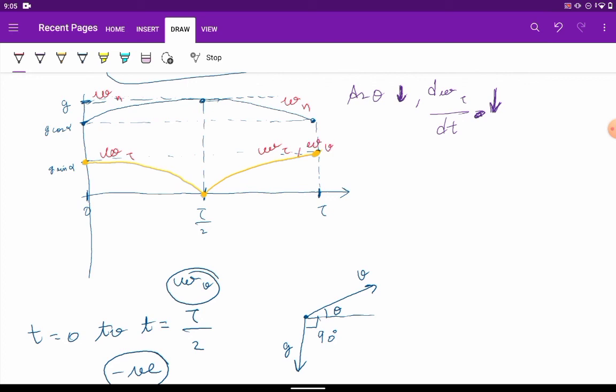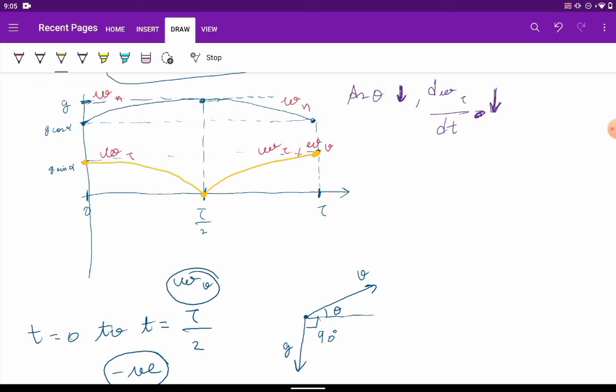This part at least. And from t equal to 0 to t equal to tau by 2, since it is negative, the sign is changing but the magnitude remains the same. Just a reflection, right? Because the magnitude will remain the same, only the sign will change. It becomes negative, so it will just be a reflection.